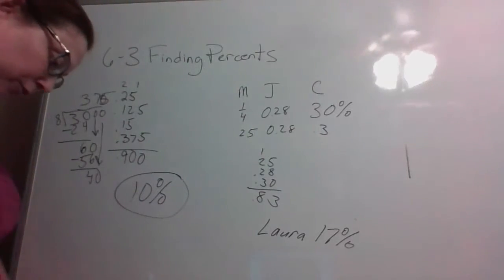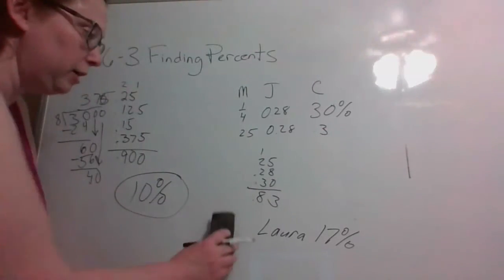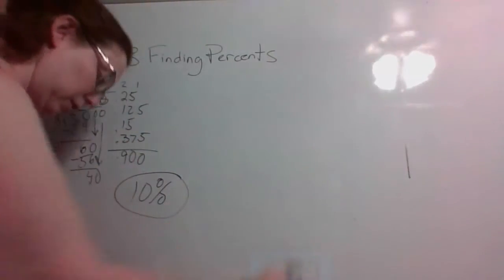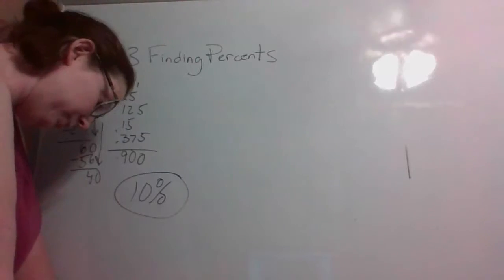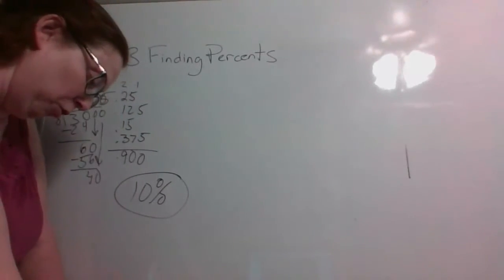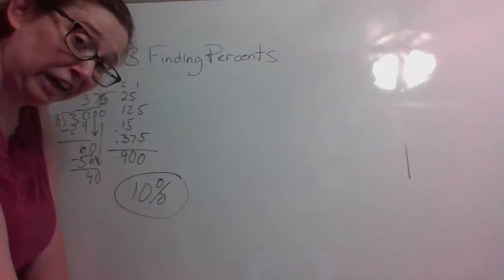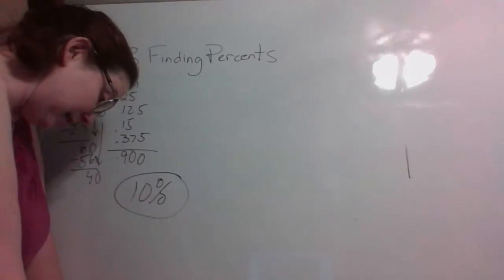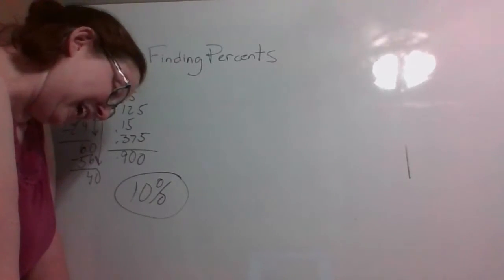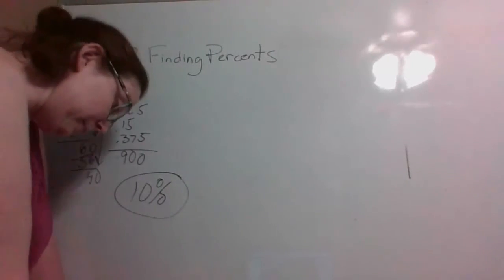Next, we have finding the percent of a number. In problem 4, this one is always fun. It's talking about the odor of a skunk's spray and how far it goes, which is nasty. The spray can travel 8,000 feet downwind.